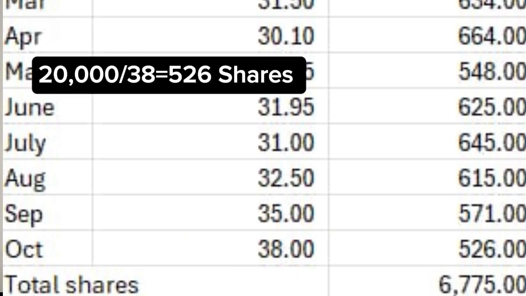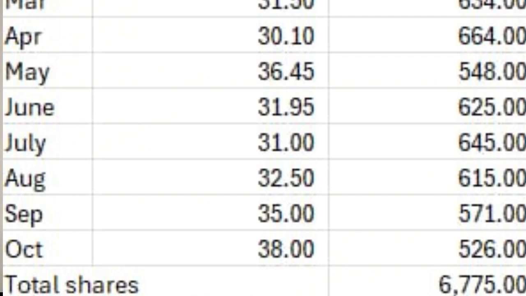If you sum up the shares you'll have bought during the months of January up to October 2024, you'll have 6,775 shares. And what will be the value of these shares as at 1st of November 2024? 67.75 times 38 will give you 257,450 shillings.